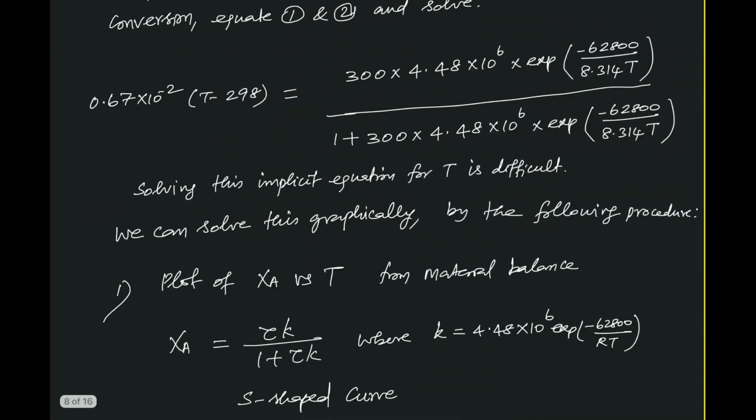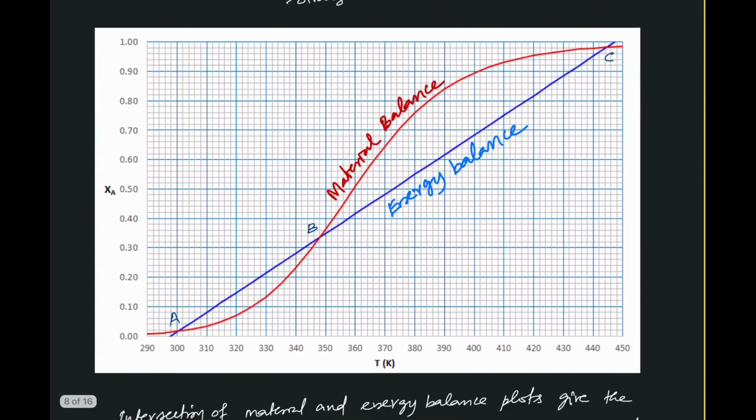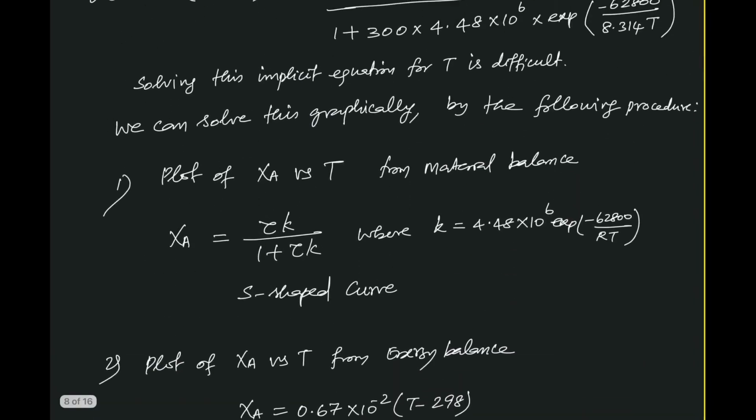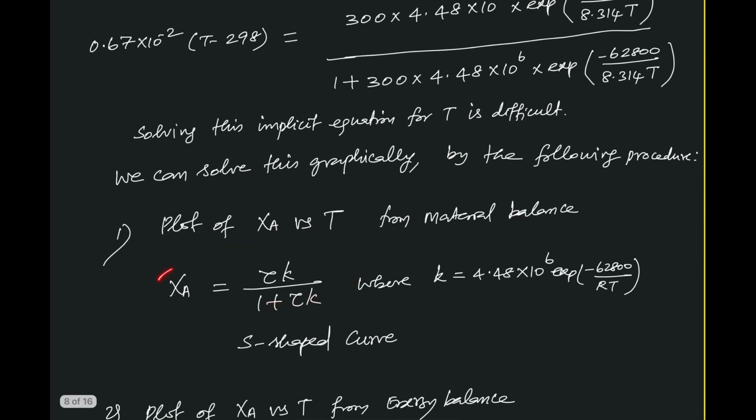For that we can make a plot of xa versus t from energy balance, which is a straight line, nice straight line. And the other one, which is the material balance equation, which is xa versus tau and xa versus k, otherwise xa versus small k. Small k is a function of temperature.